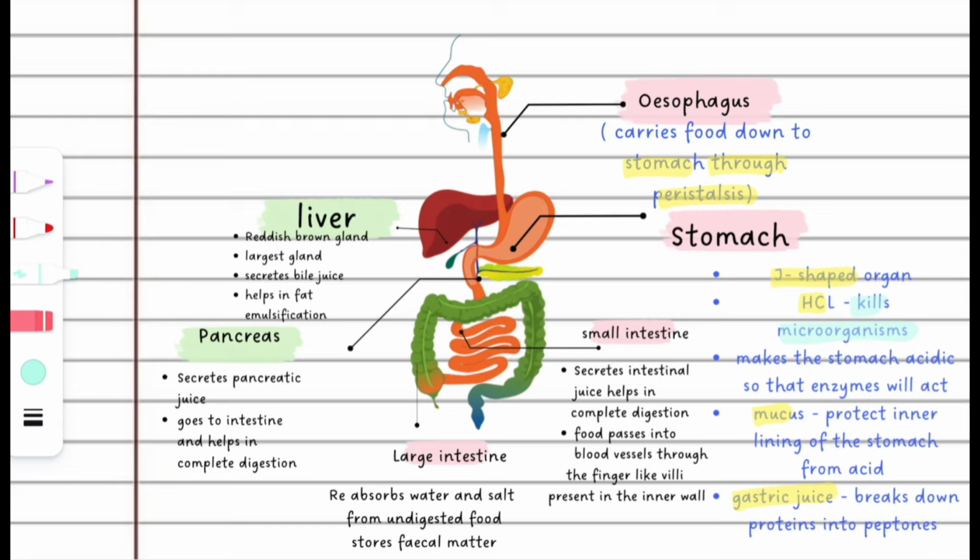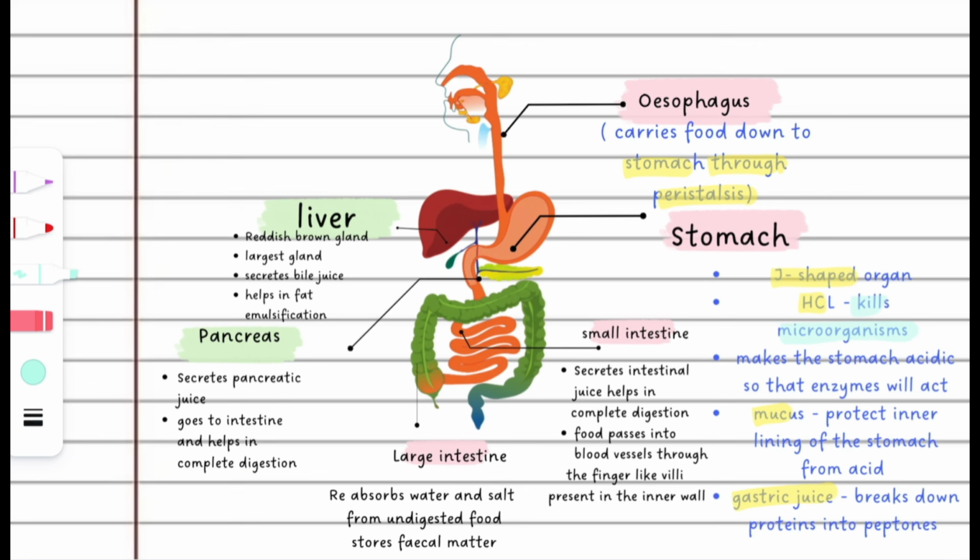The food we eat has lots of microorganisms in it, like viruses and bacteria, which come into our stomach along with the food. So we need to destroy these bacteria and viruses. So hydrochloric acid destroys these bacteria and microorganisms.